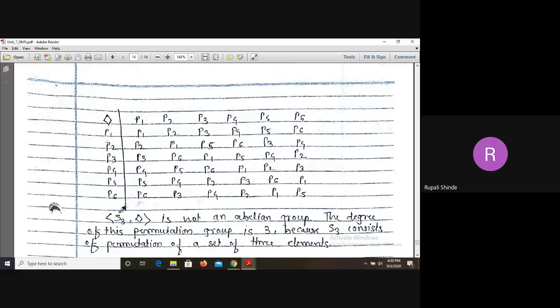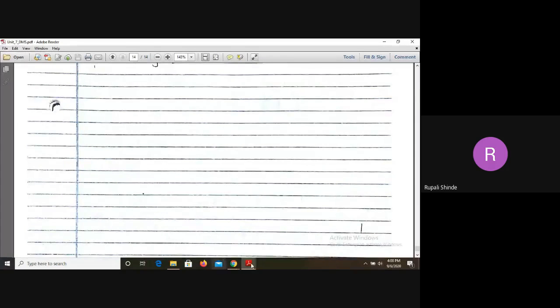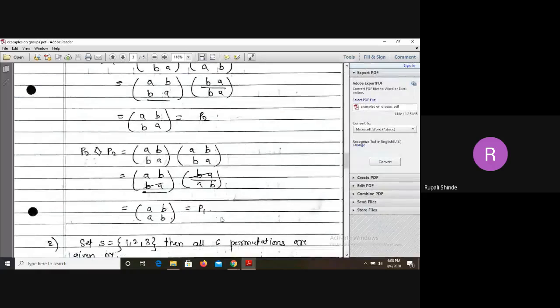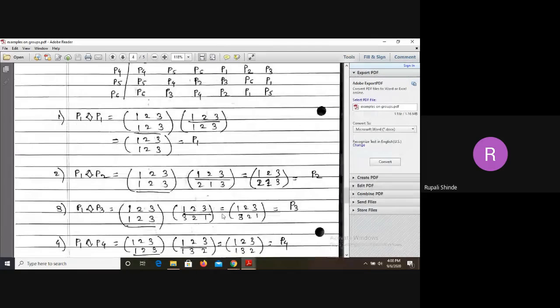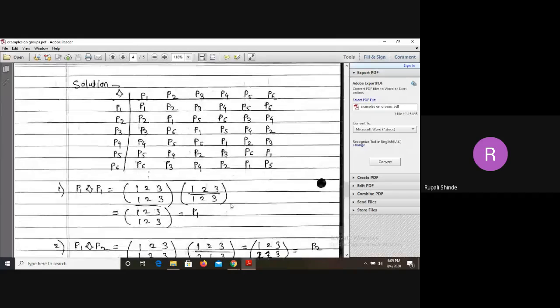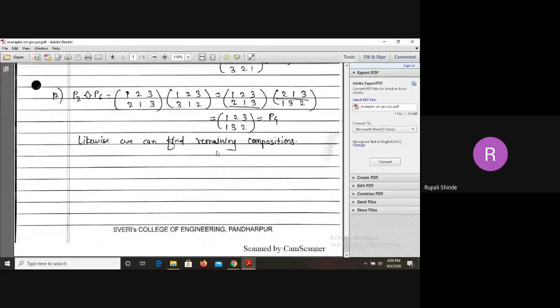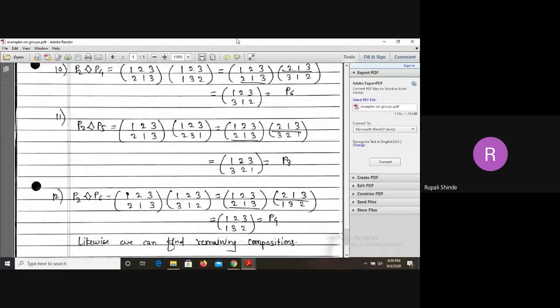Here total 6 permutations are there, that's why in the permutation table there will be 6 rows and 6 columns. All these permutations we have to find, but this example is quite lengthy. Some of the permutations I have solved here. Likewise, you have to solve all these permutations and finally you will get this permutation table. So this example we will see next lecture.